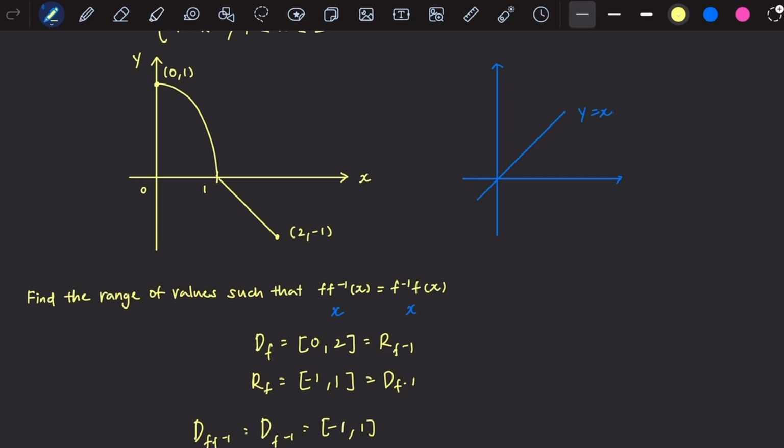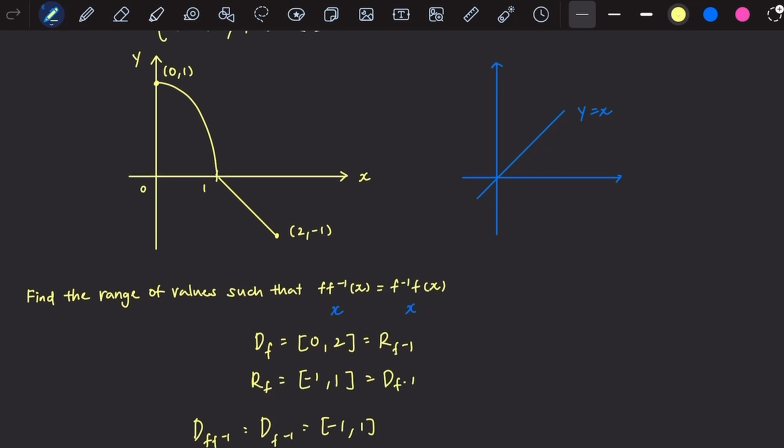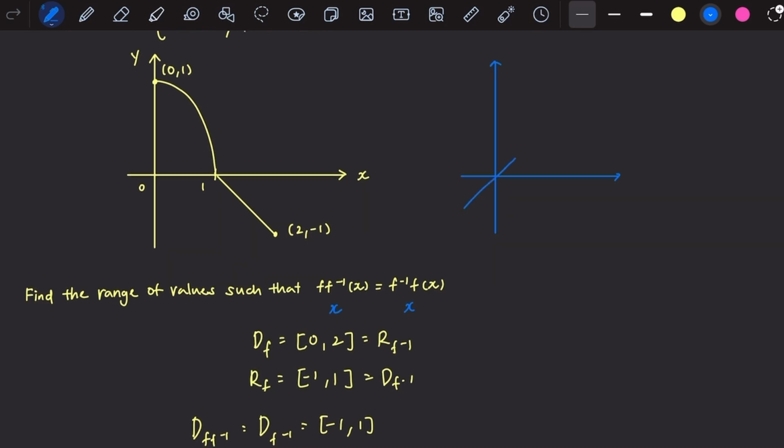So although these two graphs have the exact same equation, the domains are going to be different. For example, let's see what the graph of f inverse looks like. The graph of f inverse is a line y equals x from -1 to 1, whereas the graph of f inverse of f is actually from 0 to 2.